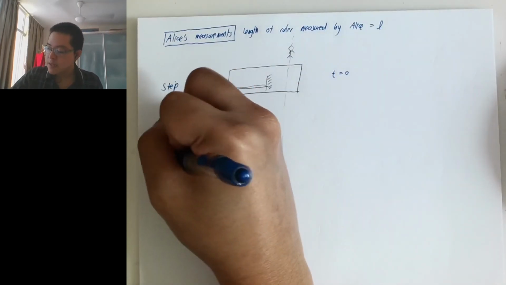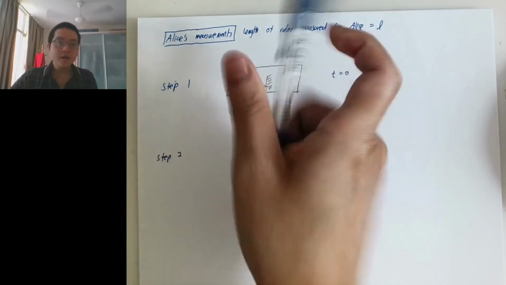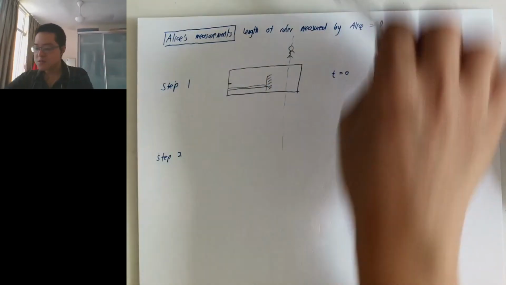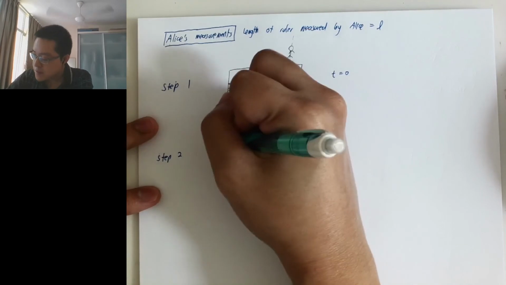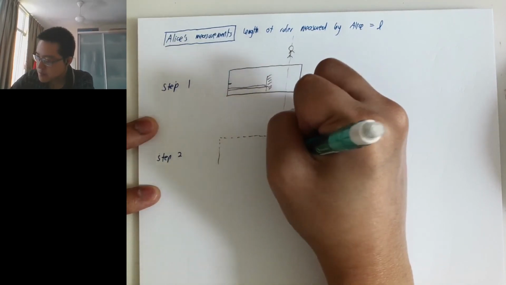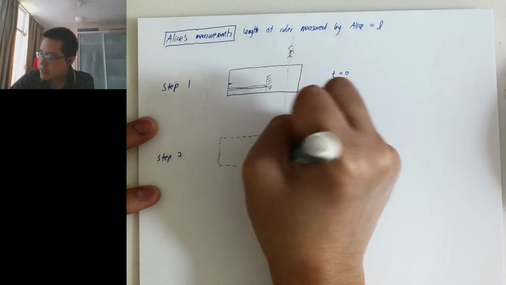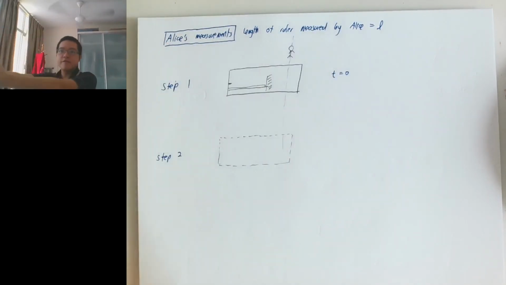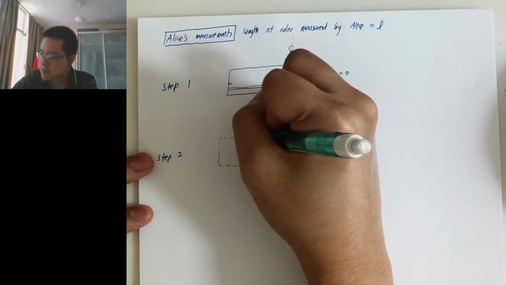And then let's see what happens at step 2. Because the train is moving, this is why it's tricky to draw. At some time later, the train is moving in front of Alice, so Alice will see the train move.